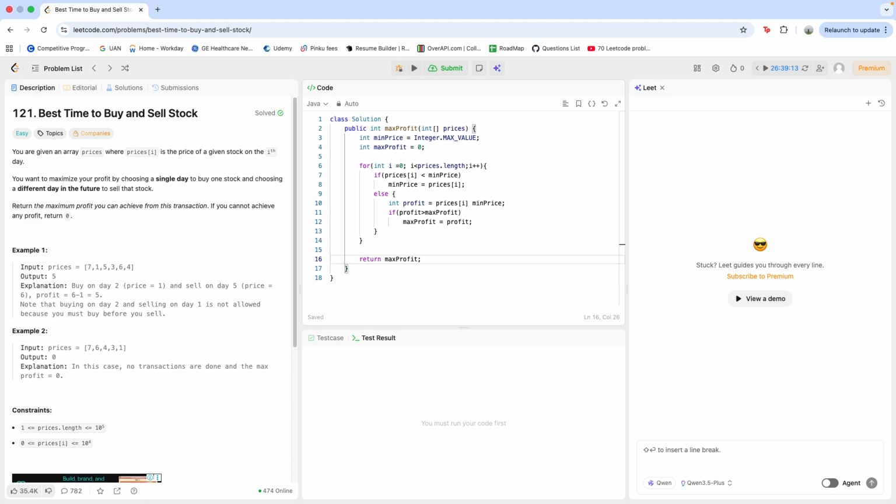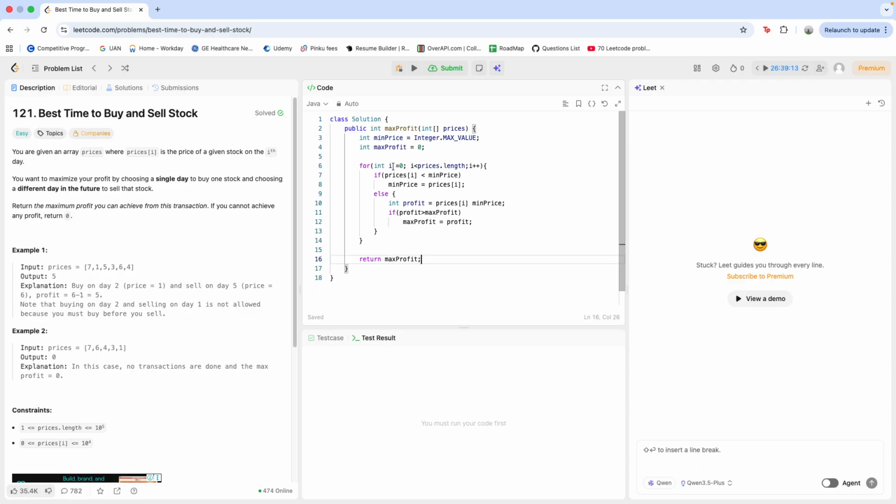So let's understand this step by step. At first we initialize the minimum price to the highest possible value because we need the minimum price later, so it can't stay at the maximum value. And max profit is 0 because the minimum profit would be 0. Now we iterate through the array.